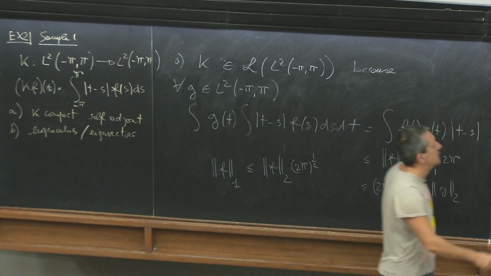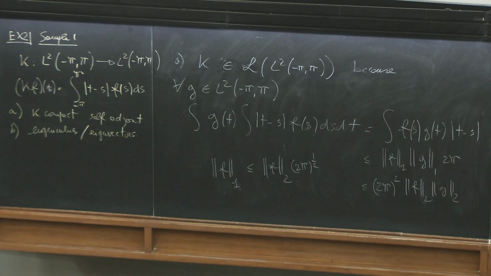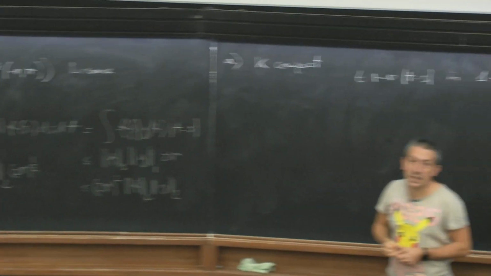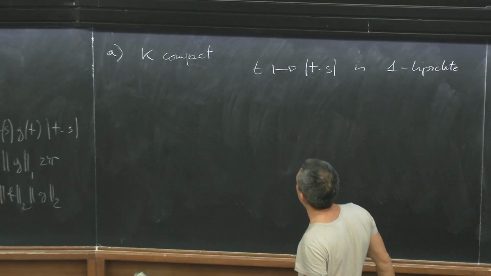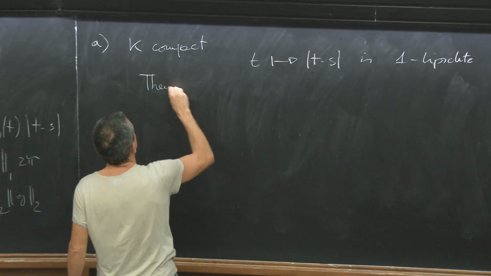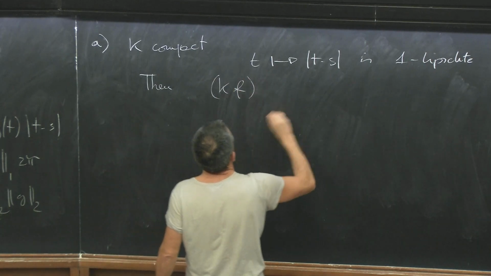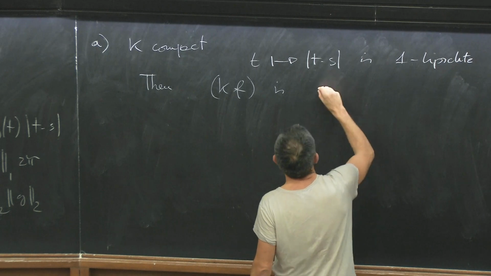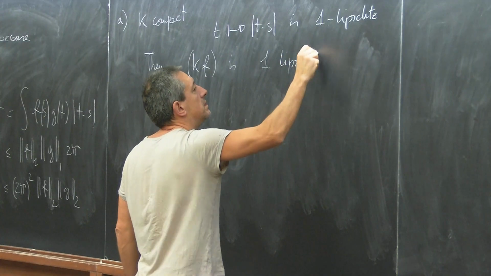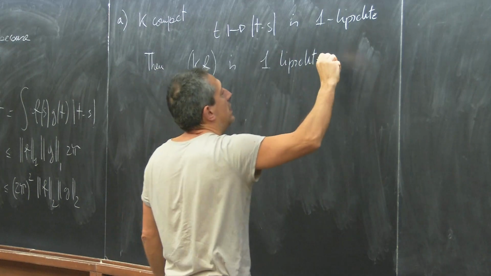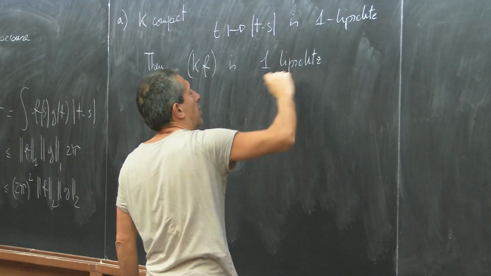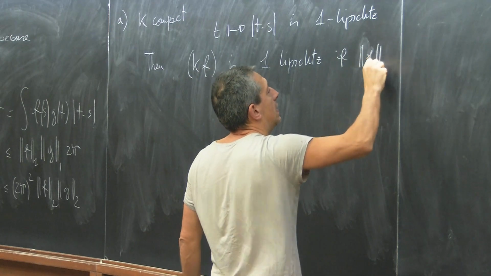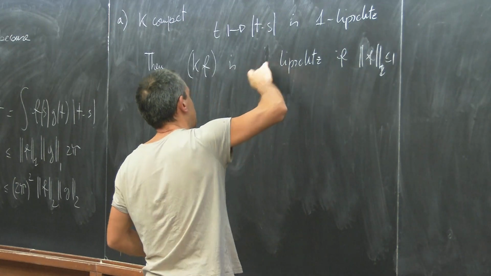So t maps to t minus s is 1-Lipschitz. Or there are even better things, but let's start with this idea. I'm saying Kf is, okay, not 1-Lipschitz; if the norm of f in L2 is less or equal than 1, you get some constant.